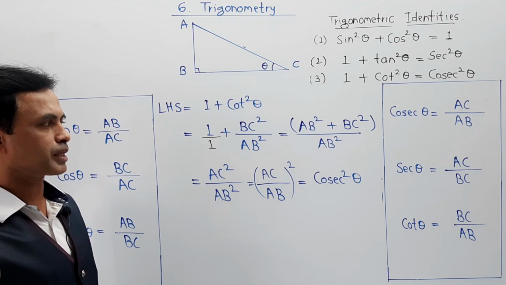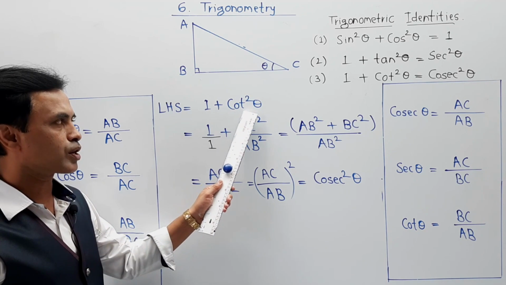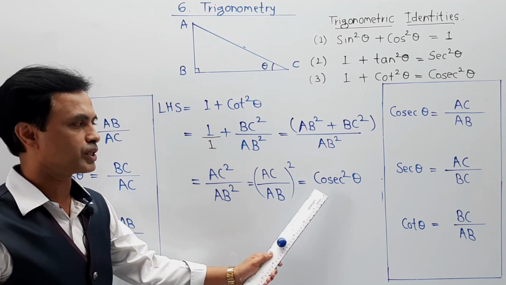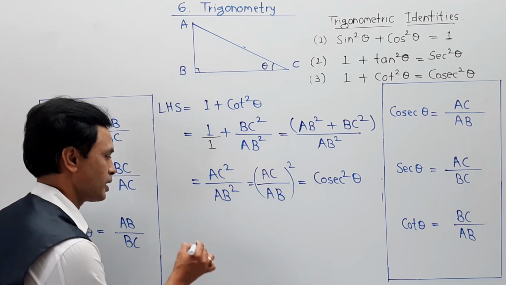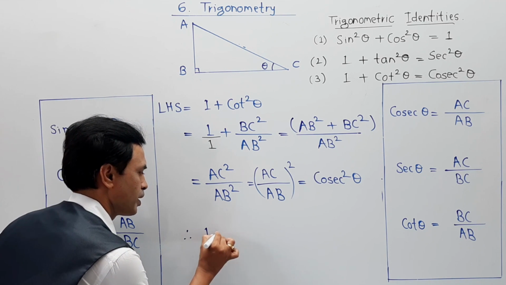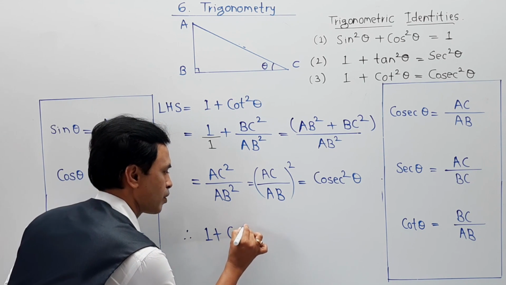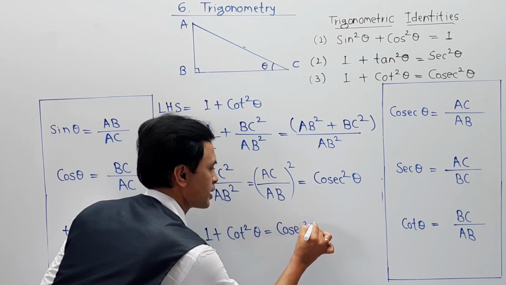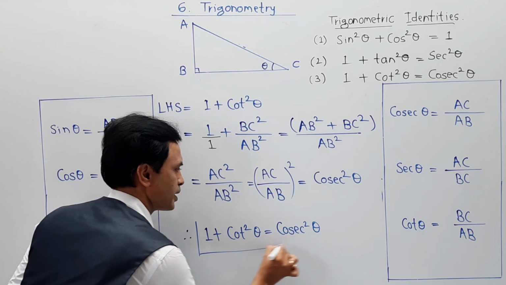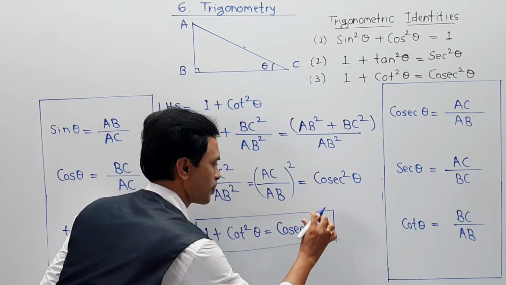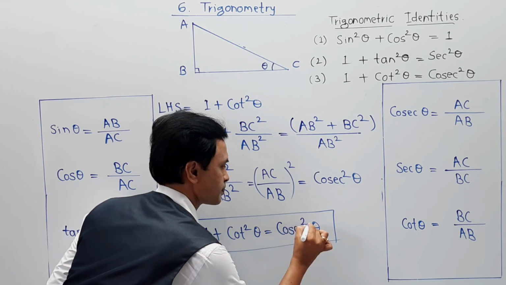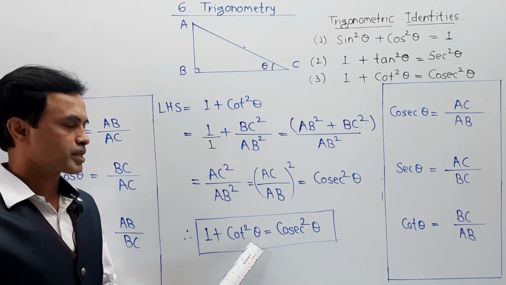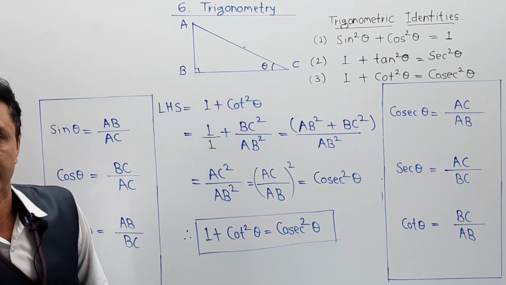And again we are able to get a property: 1 plus cot square theta is equal to cosec square theta. Therefore 1 plus cot square theta is equal to cosec square theta. And in this way we have the proof of the property 1 plus cot square theta is equal to cosec square theta.